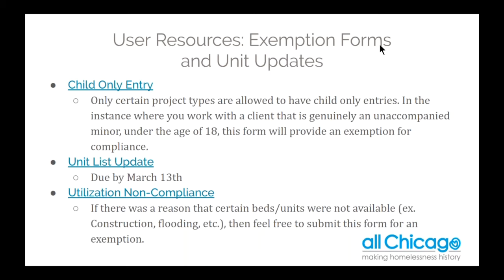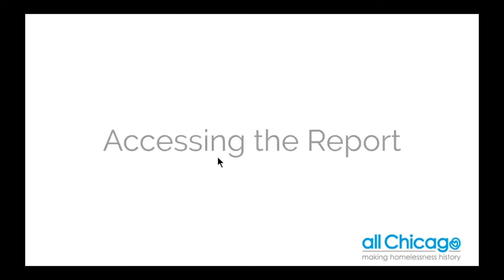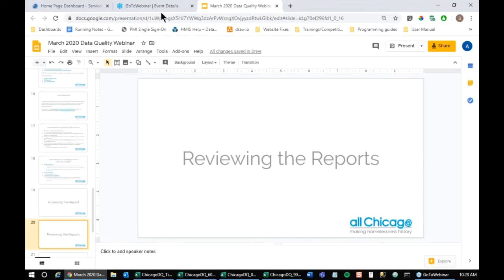Those exemptions, there's no cutoff for them, but what I will say is that you'll probably want to do it well before the second round is due, so that we have time to review it and approve it. If you submit the exemptions, that doesn't necessarily mean that we're going to give you that exemption. You may say that your utilization was not in compliance and not really give a reason why.